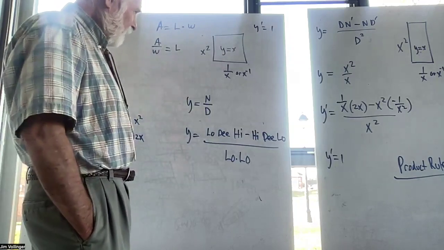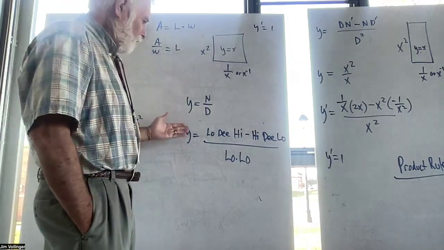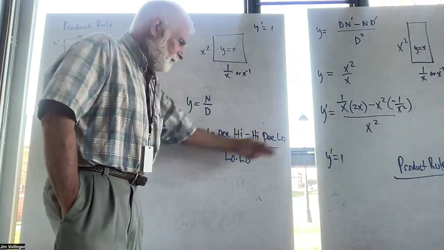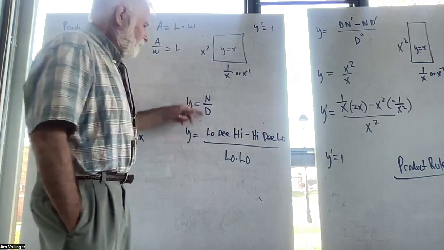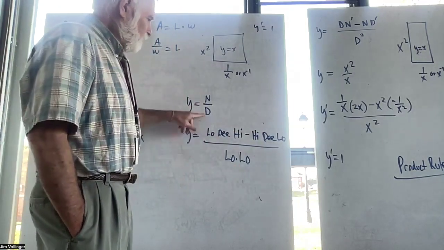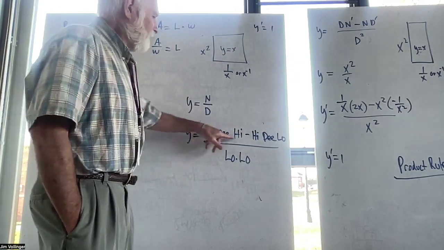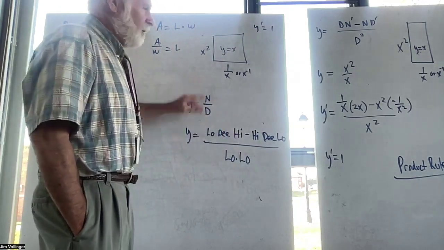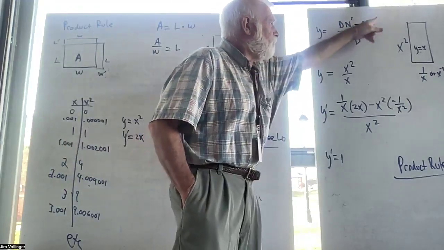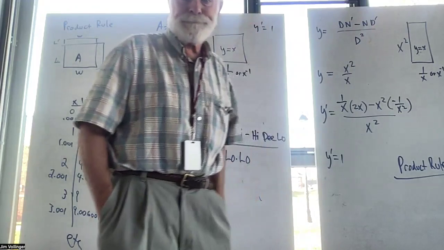I don't know if I want to call it that, but the jingle for the quotient rule, I assume it's out there: low D high minus high D low over low low. So if you've got a function divided by a function, then low is the denominator, D high is the derivative of the numerator, and that will give us dn prime minus nd prime over d squared.